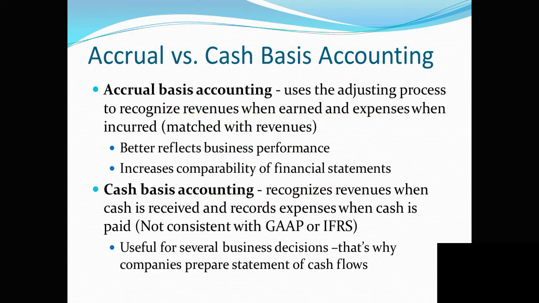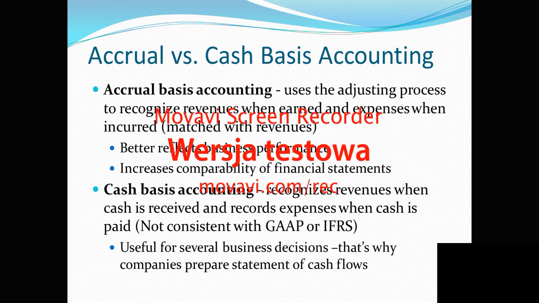Today we will talk about making adjustments to certain accounts in order to complete our trial balance. So first of all, we will start with talking about two types of accounting systems that can exist. The first one is the one that is used all over the world.